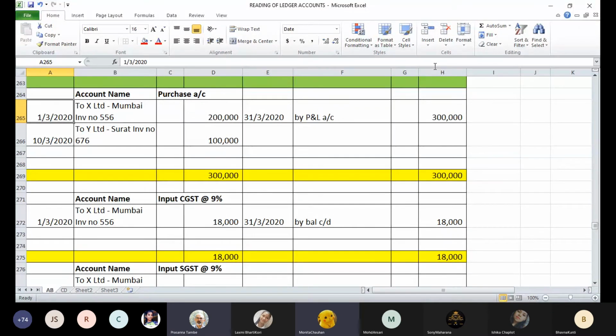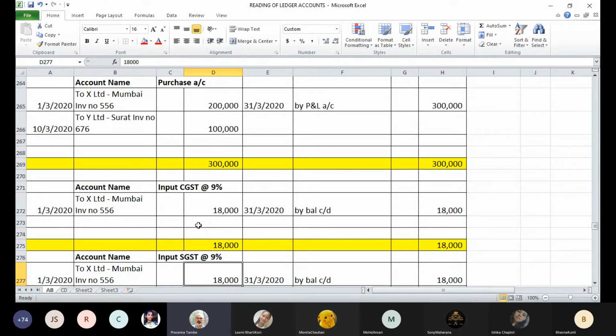It won't be an interstate purchase. So on 2 lakh rupees, X Limited will charge GST of 18%. The 36,000 will be broken up into two parts, an input CGST and an input SGST of 18,000 each.